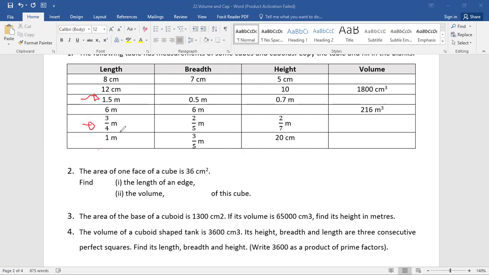You need to keep your eye on the unit as well. You need to send me the volume. Length is 1.5 meters, breadth is 0.5 meters, height is 0.7 meters. Length is 3 upon 4, breadth is 2 upon 5, height is 2 upon 7. You need to send me the volume for this one and for this one.